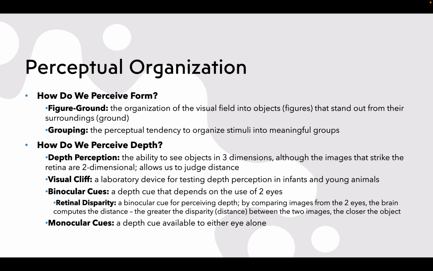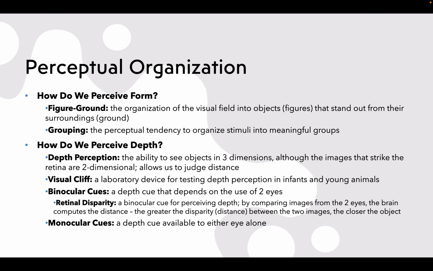The other one is grouping, which is the tendency that we have to organize stimuli into meaningful groups. This is something we've talked about before. We search to find meaning in things when there isn't necessarily one there. And so there are 3 principles to grouping. There's proximity.